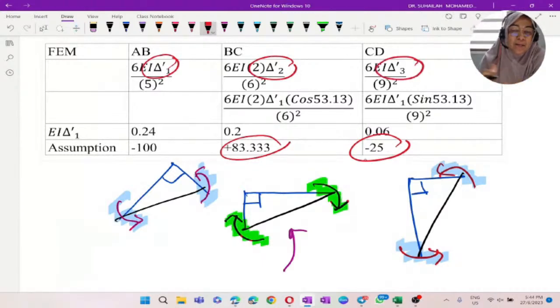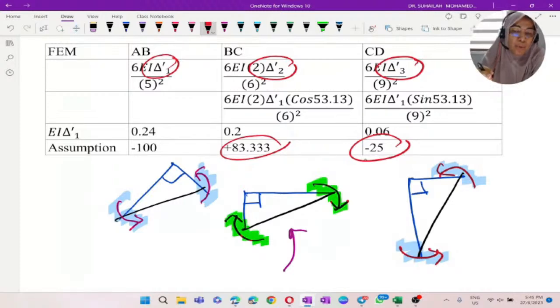So at this point we cannot use ratio, because the delta is not constant. So what we should do is change all into one term. So we choose to use EI delta 1 prime. So we have to change delta 2 prime and delta 3 prime into delta 1 prime.